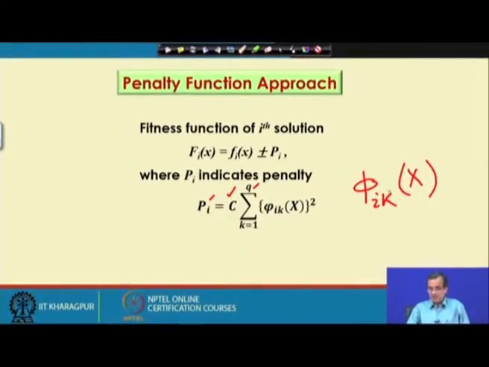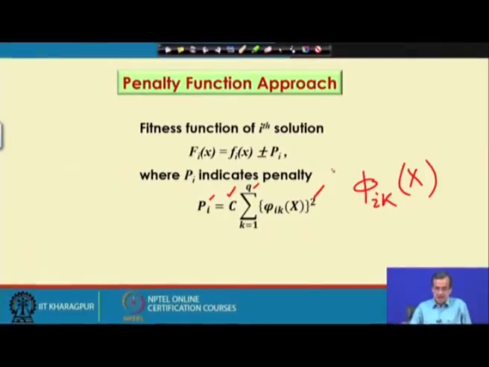Now, this phi_ik(x) could be either positive or negative, and that is why, to make it positive, we use the square term, and sometimes we also use the mod value to get this positive value in place of the square term.